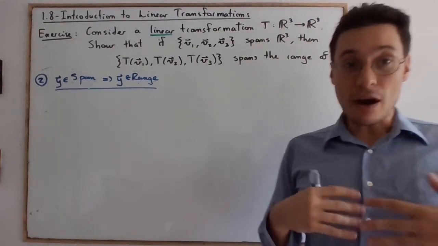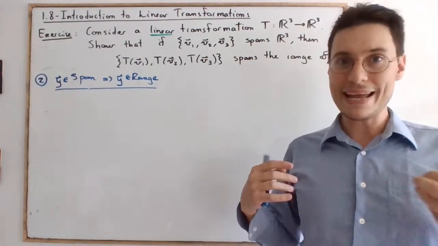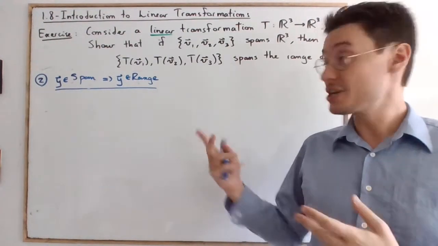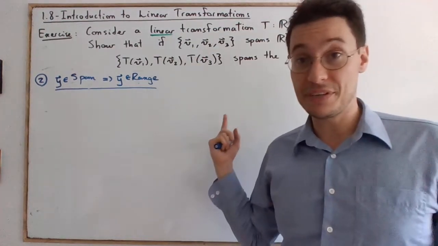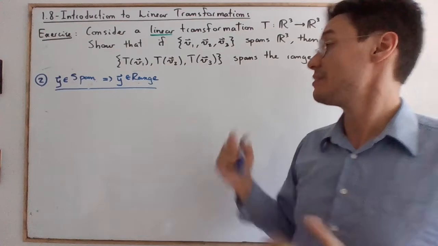So now we start from the opposite assumption. The only thing we know is that y is a linear combination of T of v1, T of v2, T of v3.